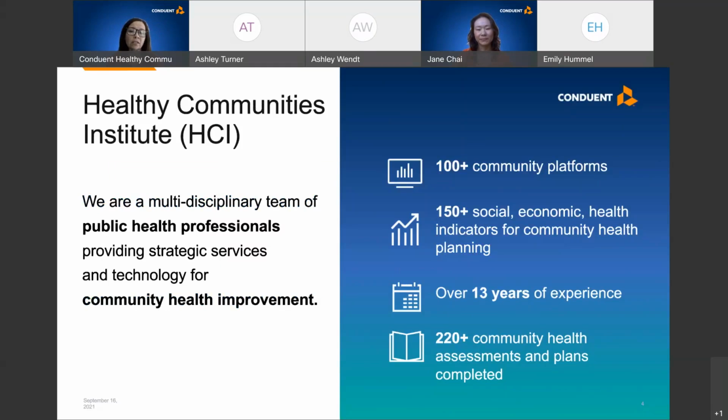Along with powerful analytical tools, our platforms provide access to continually updated population health and socioeconomic data to help tell your community stories. Like Jane and Madra, HCI's employees bring a combination of advanced public health degrees and real-life experience in community benefit and population health.